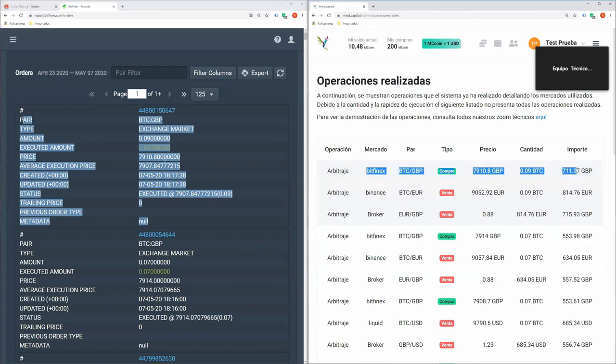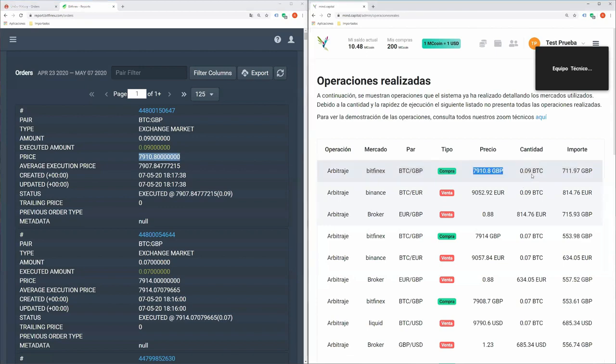Bitfinex, okay. The pair is BTC GBP, okay. The same, okay. And this operation is buy, and the price 7900.8 GBP, okay. Perfect.